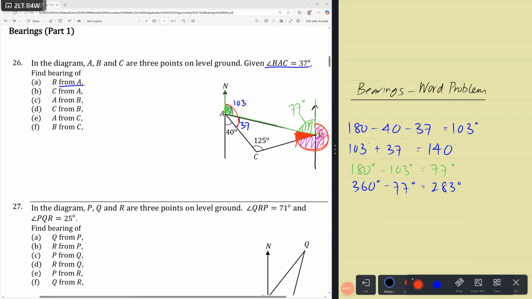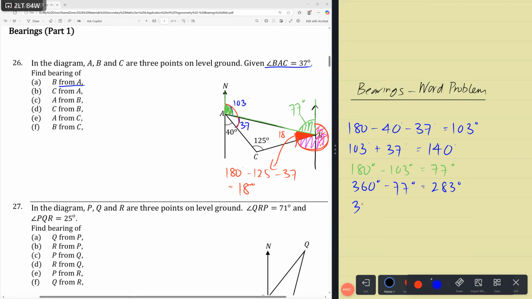So in this case, this angle here is equal to 180 minus 125 minus 37, and the answer equals 18 degrees.